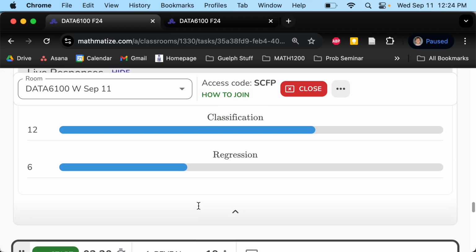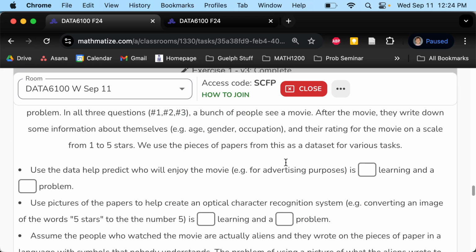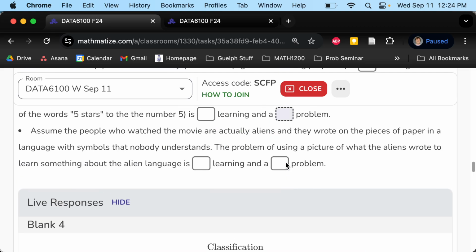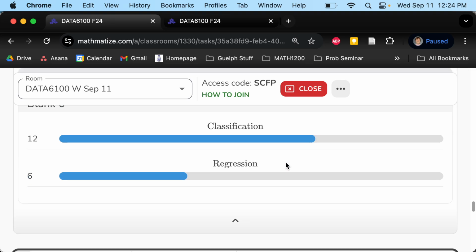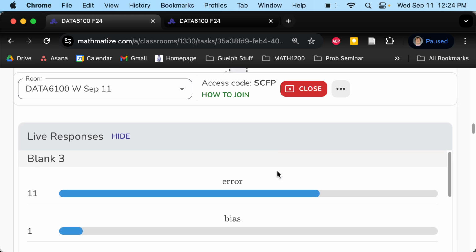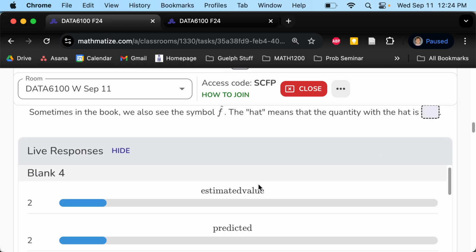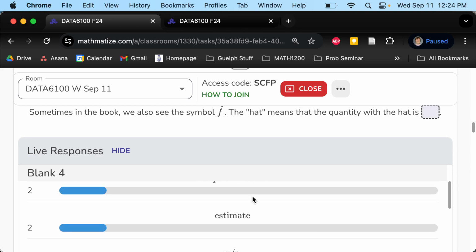So let's see. What did people say about the last thing? The hat. What is the hat? The first time we did the vote, hat was estimated or predicted or estimate. These are all correct.